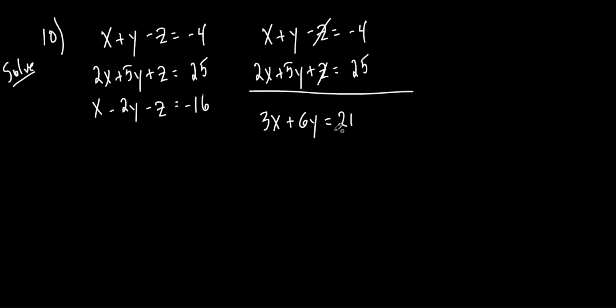If you wanted to, that'd be all right. That's probably what I would do. 3 goes into everything there, so just to make the numbers a little smaller and easier to deal with, you don't have to, but you can. So what's that going to be? x plus 2y equals 7. All right, I'm going to put that in a little box. We'll hang on to it.